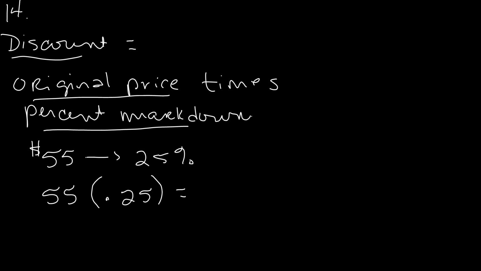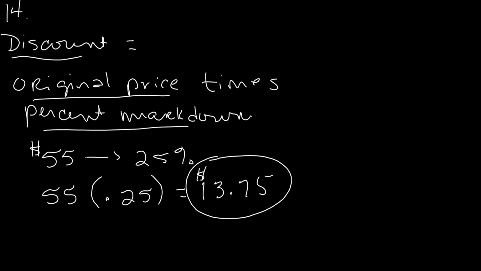You just need to take your calculator and multiply 55 times 0.25, and you end up getting $13.75. And that is the amount of the discount. And that's all we're doing in those problems. So in 13 through 16 on page 312, that's what you're doing.